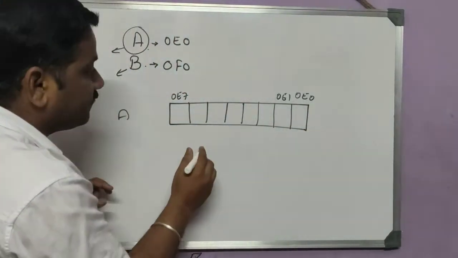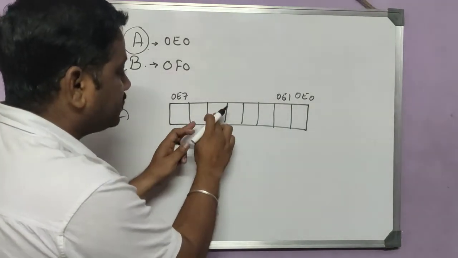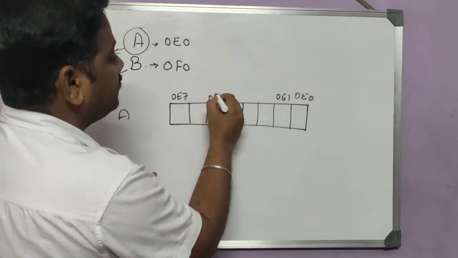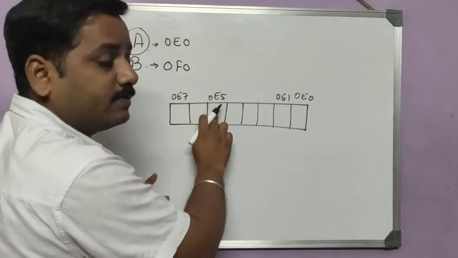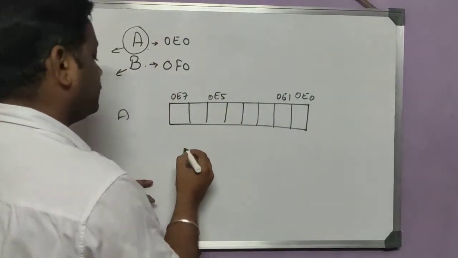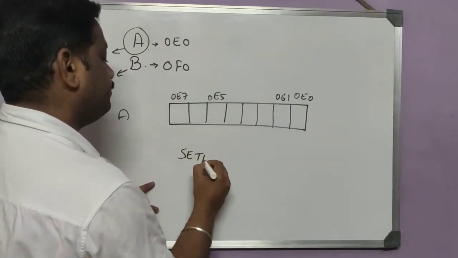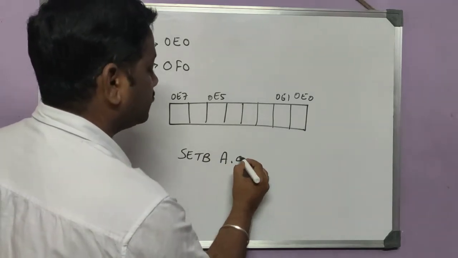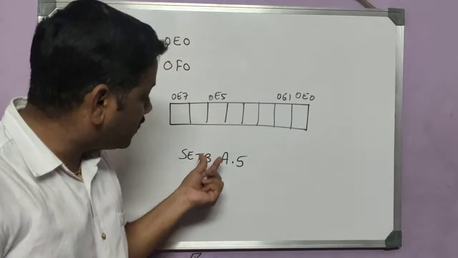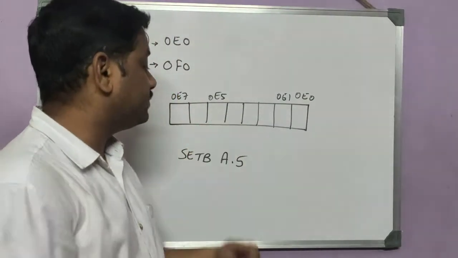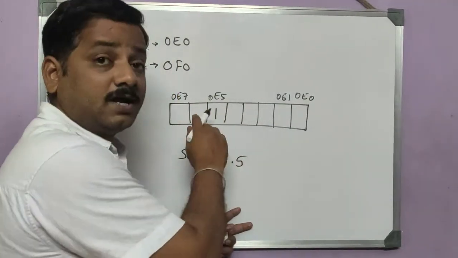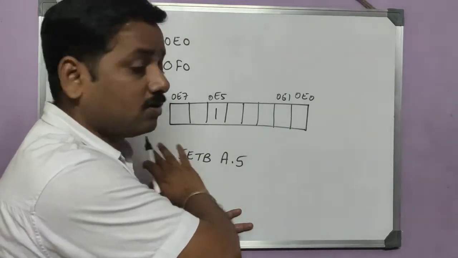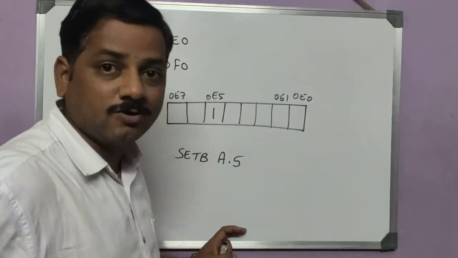For example, if I want to make only the bit 0E5 high, then I can write an instruction called SETB, set bit, 0E5. Then in the accumulator only the 5th bit becomes high, and we are not changing any other bits in the accumulator.